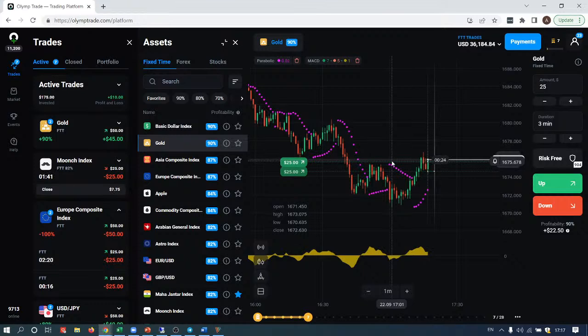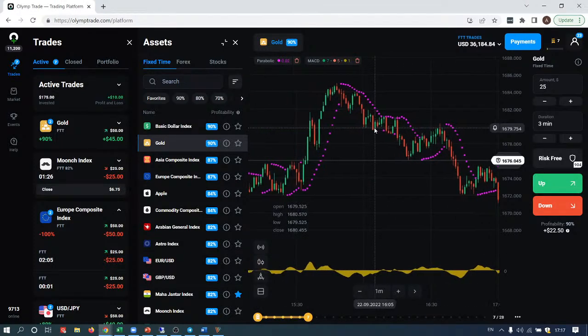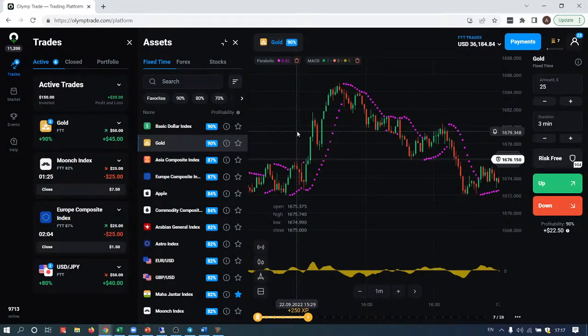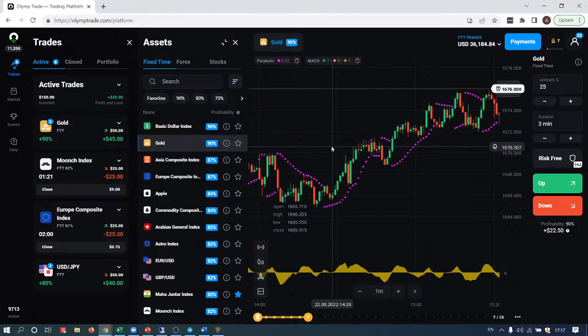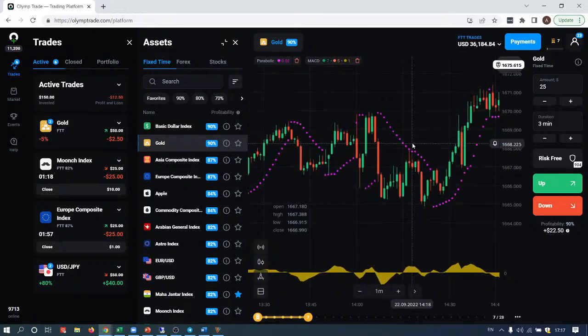So guys, if you are not sure about the efficiency of this strategy or any other strategy, what you can do is the so-called paper trading and kind of back testing.